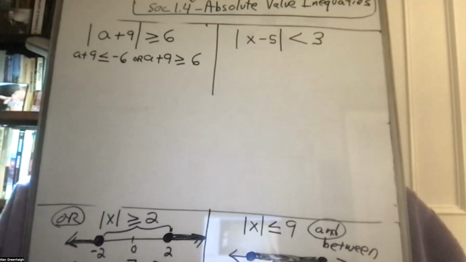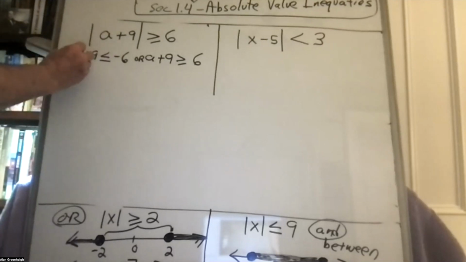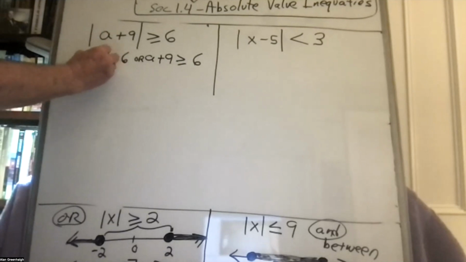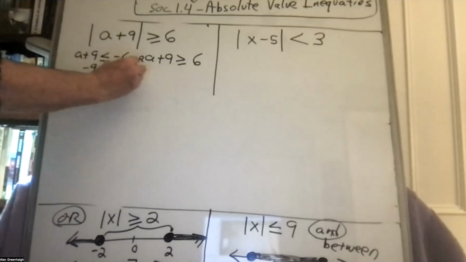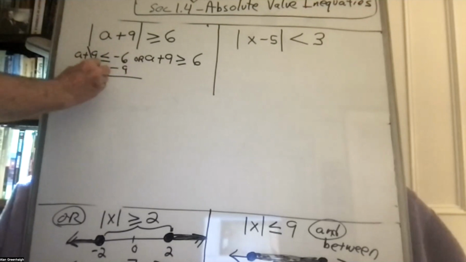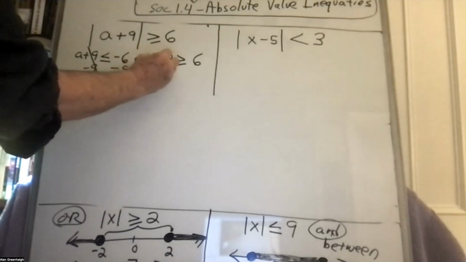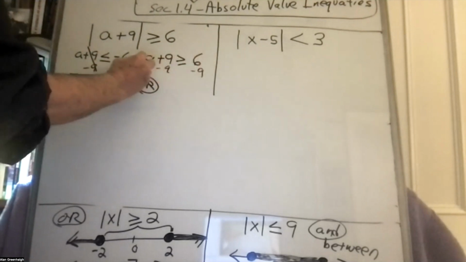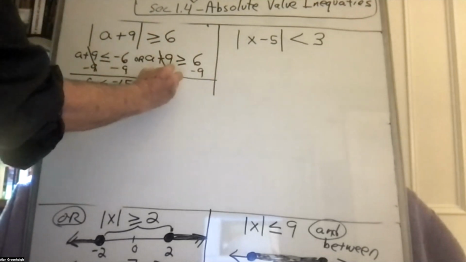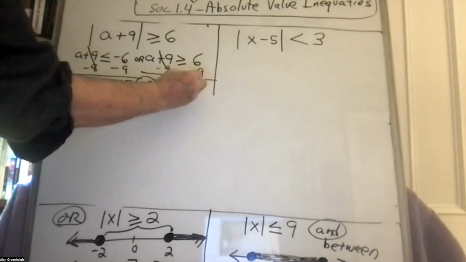That's how you would start this problem. And let's continue solving. -9, -9. A is less than or equal to -15, or, the big or, and let's do this one as well. A is greater than or equal to -3.